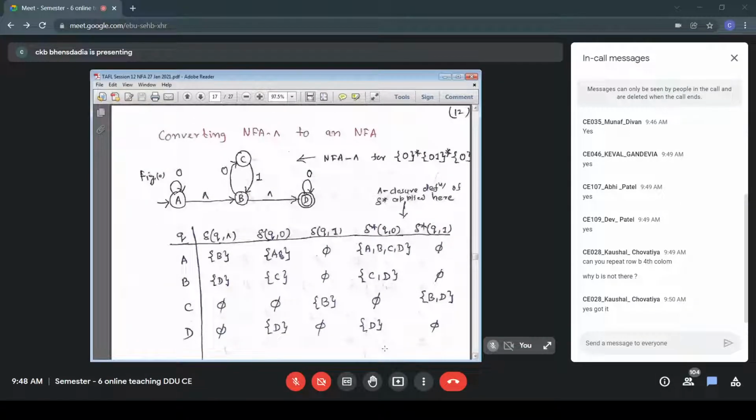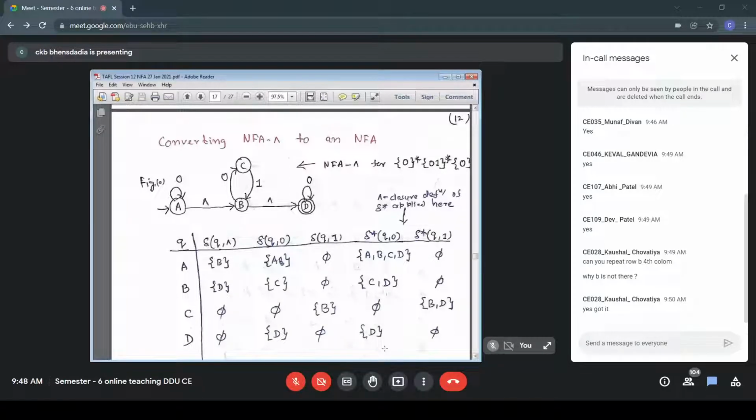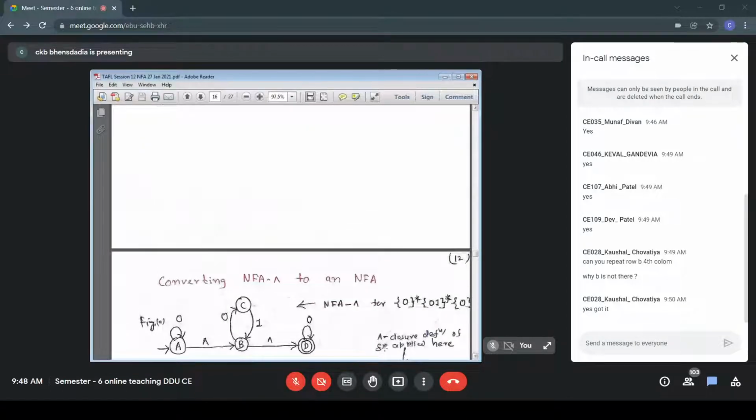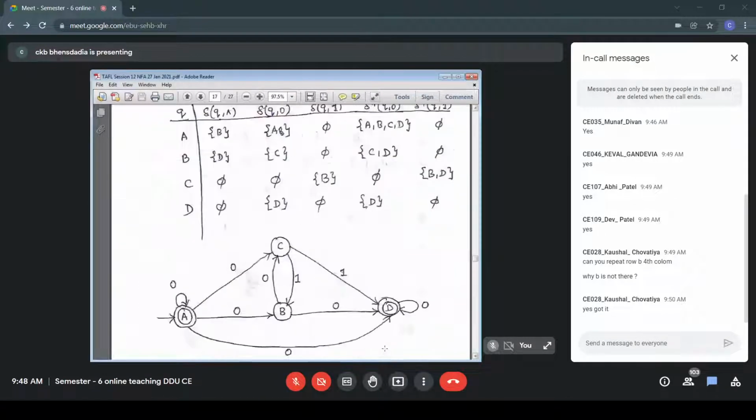Alternatively, we can have this table and we define the initial state, that is A, and also define the accepting states. Here only changes, D was accepting state in my input NFA with null, remains accepting state in NFA.